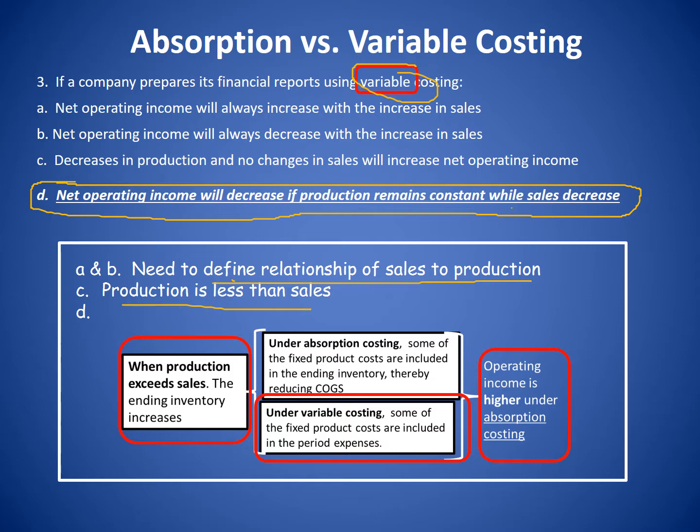What this means is when production exceeds sales, under those conditions, operating income is higher under absorption costing, which means that operating income is lower under variable costing. So net operating income will decrease if production remains constant while sales decrease.